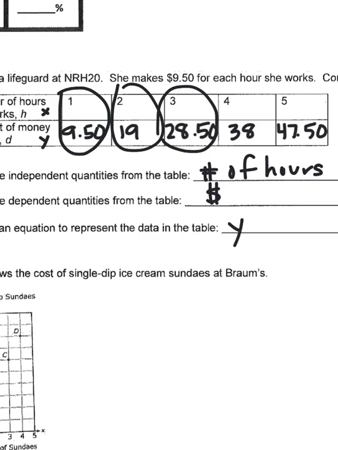So if we write it with a Y, we're going to write Y equals $9.50 times X. If you used the H and the D, it would be $9.50 times H. And again, you may see it written without the zero, it means the same thing. $9.50 an hour gives you D, the dollars you earn.